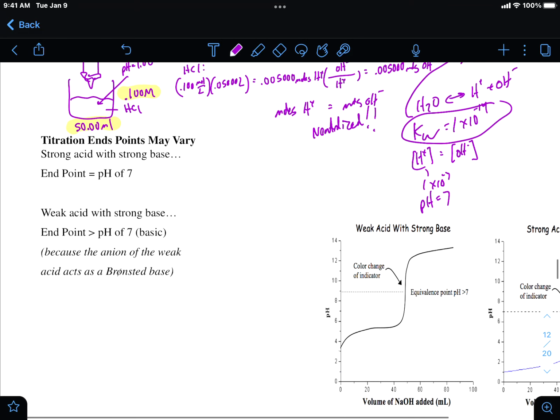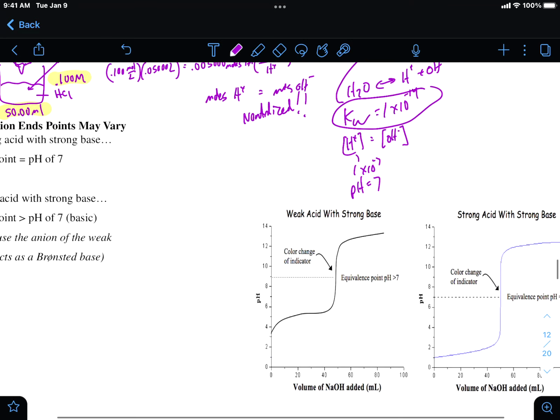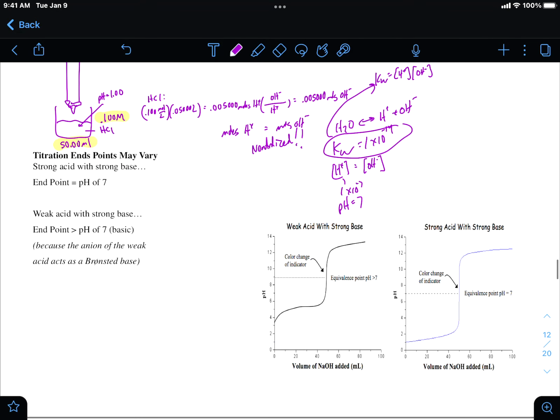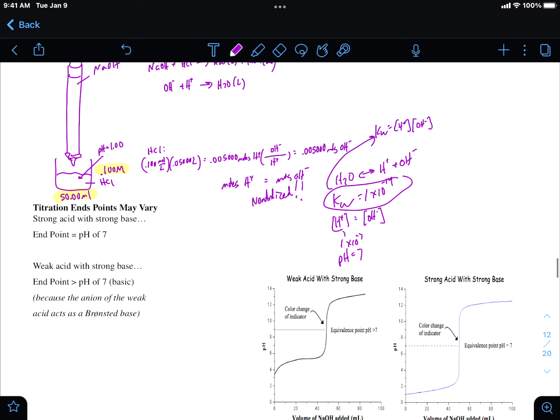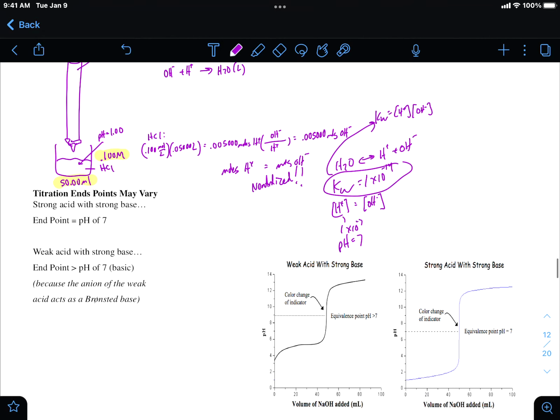So, let's talk about the different types of endpoints that we can see during different types of titrations. By the way, let's differentiate here. Here we have a new term. Endpoint is not the same as equivalence point.